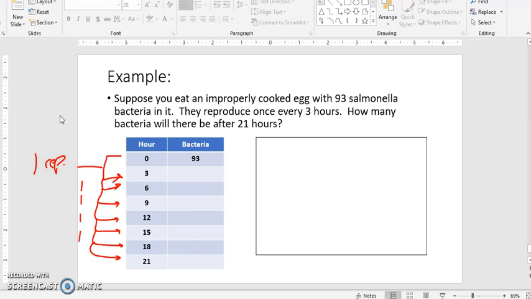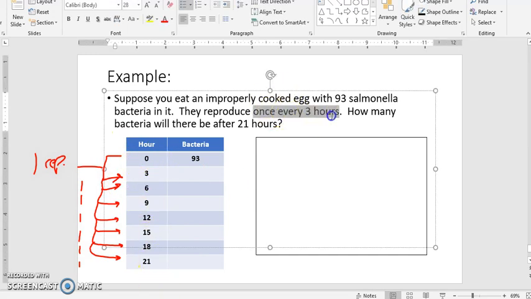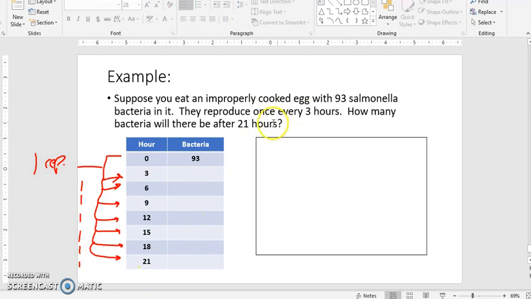Each one of these is just one round of reproduction. So what's important here is to recognize, what is the math that happens from one round to another? If each 3 hours is one round of reproduction because the bacteria reproduce once every 3 hours, what's the math there?